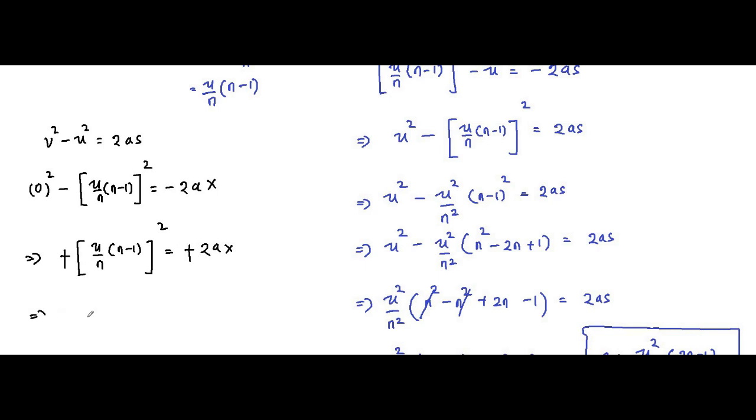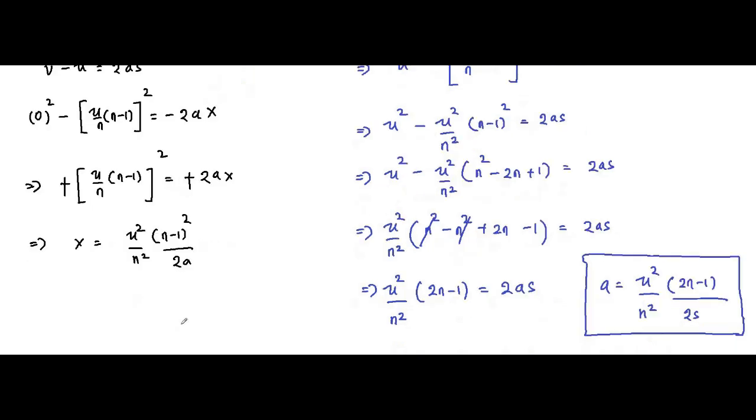That implies x is equal to u square by n square into n minus 1 whole square by 2a. That is the value of x. Okay, u square by n square into n minus 1 whole square by 2a. This is the value of x.